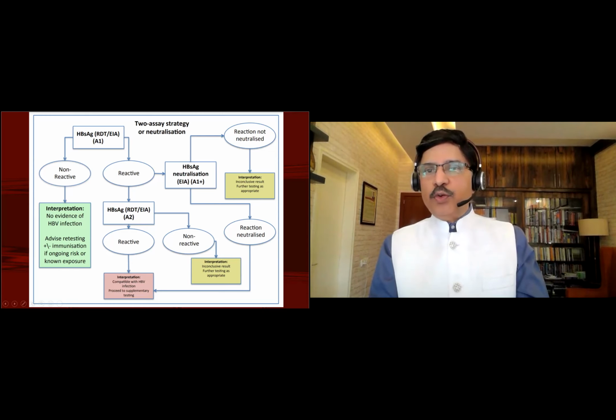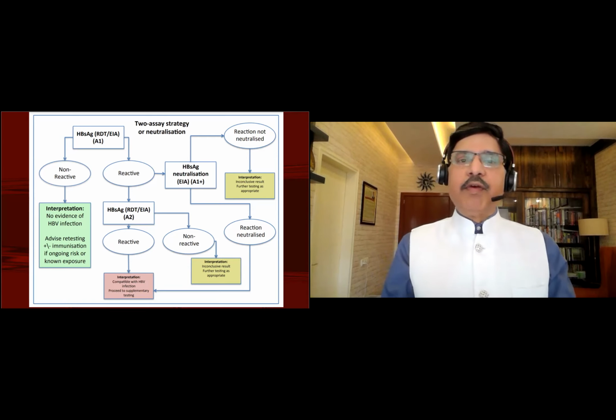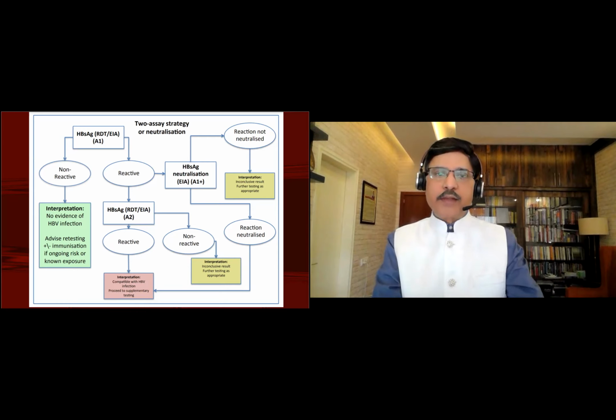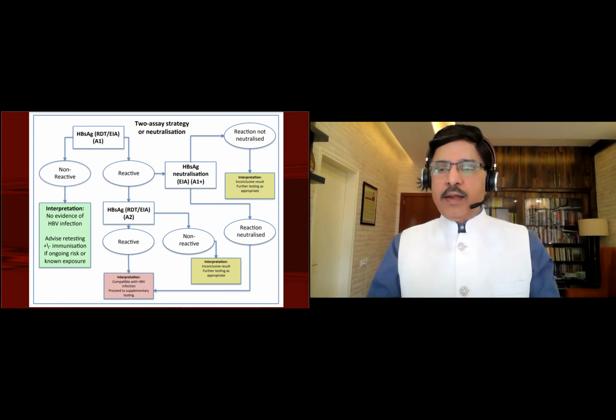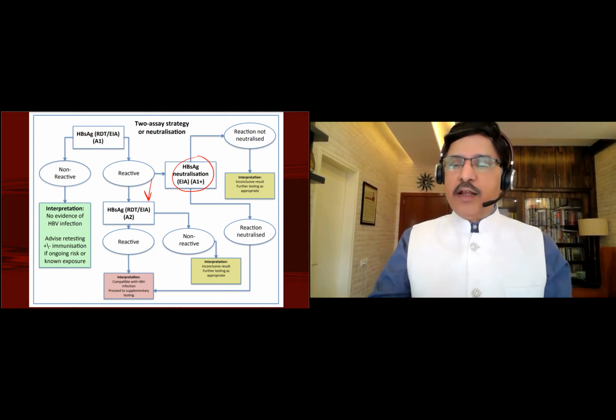If it is neutralized, of course he has the disease. Not neutralized, not confirmed, equivocal result. There are two ways of doing the second test. Either I do a second test also HBs antigen with rapid diagnosis or ELISA, or do a neutralization test. This is not always available. So my preference would be to go in this direction and sort it out.